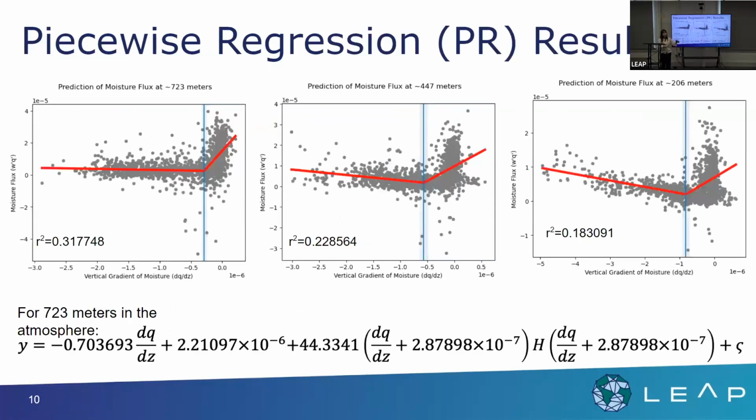After I did all this data pre-processing, I could finally apply my modeling methods. And the first one I did was piecewise regression. What I first want to point out is that these are all 3 different equations, one for each layer in the atmosphere. And what I noticed was that piecewise regression had a really hard time finding the break point, as I said, where that slope changes on these 2 levels: the middle level and the lowest level closest to the Earth's surface.